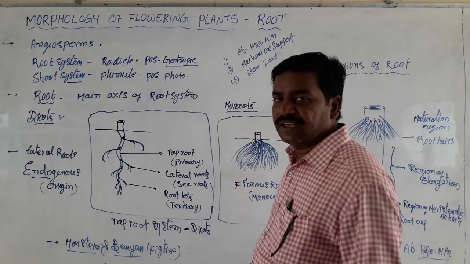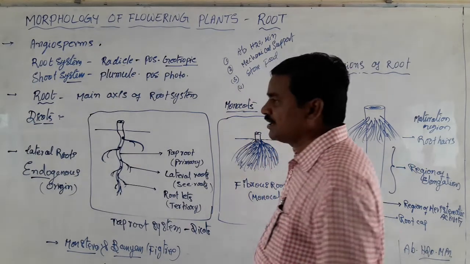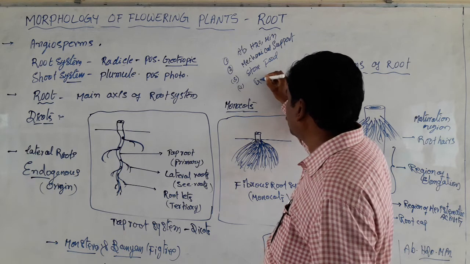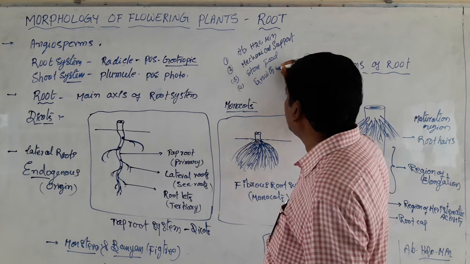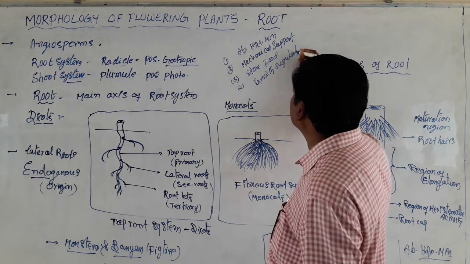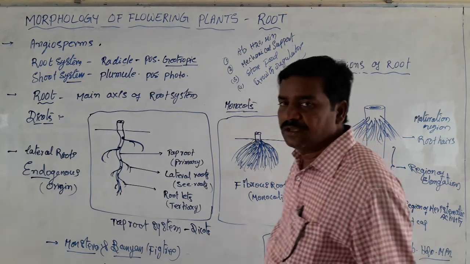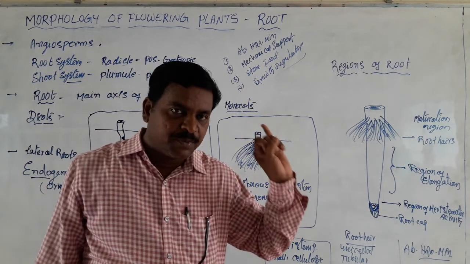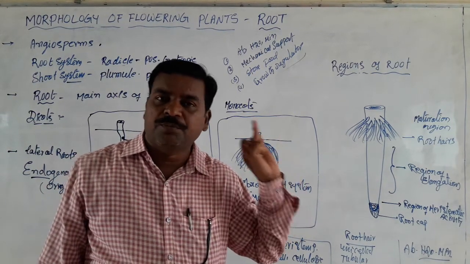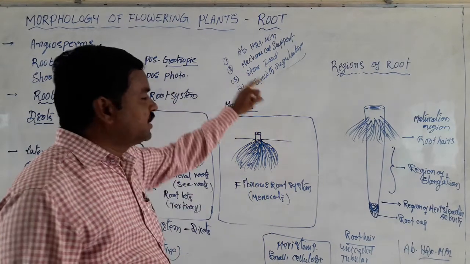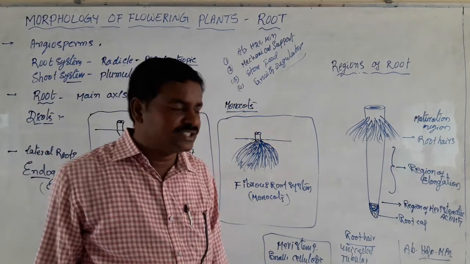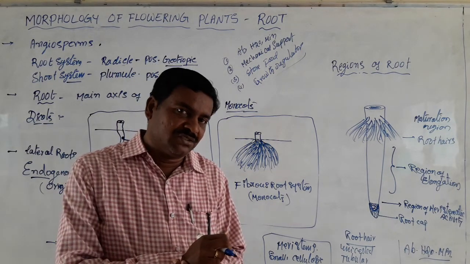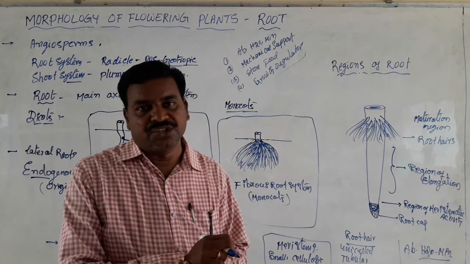In some members, the root is also responsible for the secretion of growth regulators, like cytokinins. So, one is absorption of water and minerals. Second is proper anchorage to the plant, meaning support. Third, it also stores some amount of food materials. And last, secretion of growth regulators. These are the functions of the root system.